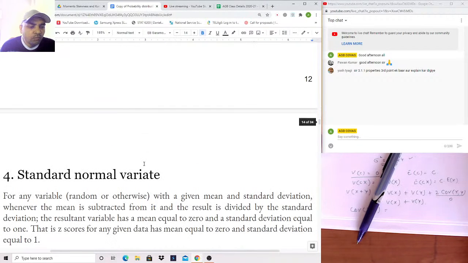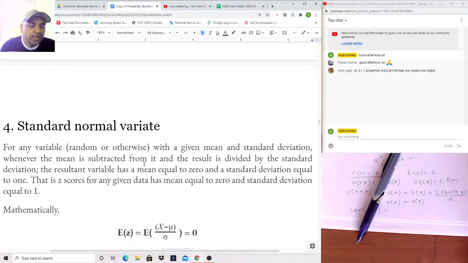So now we will move on to our next topic, which is very important, and you will find a lot of applications of this in statistics. That is the standard normal variate.